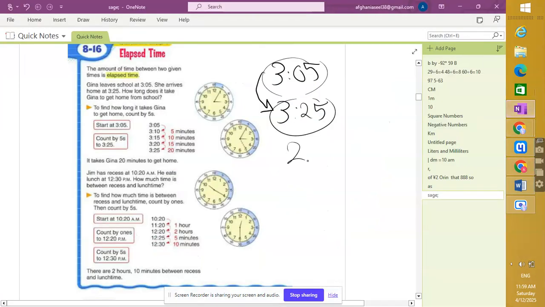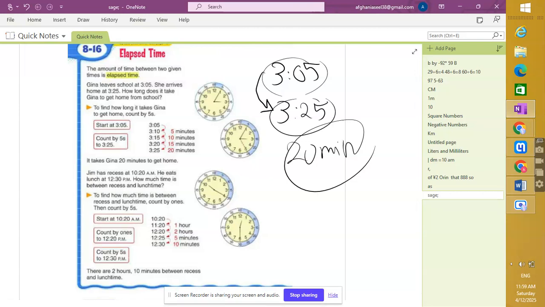So the answer is 20 minutes. This is the elapsed time that Mace needs in order to arrive home. Great.